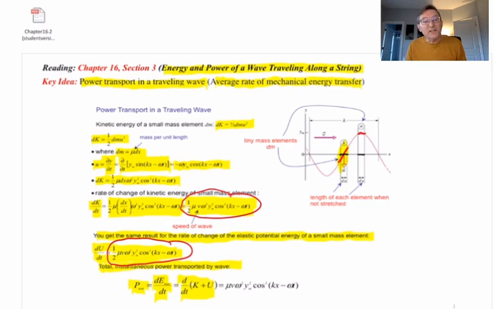They're exactly the same. So add those two expressions together symbolically, and you get this expression for the instantaneous power associated with the wave: mu, mass per unit length, v, speed of wave, omega, angular frequency, squared, y max, amplitude, squared, cosine squared of kx minus omega t.